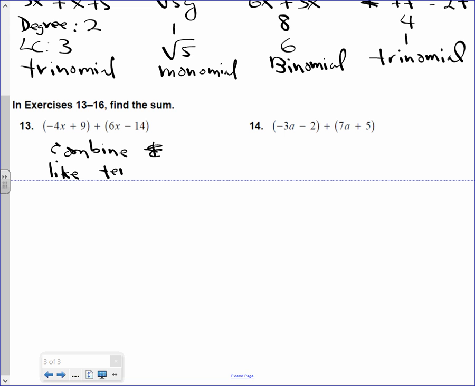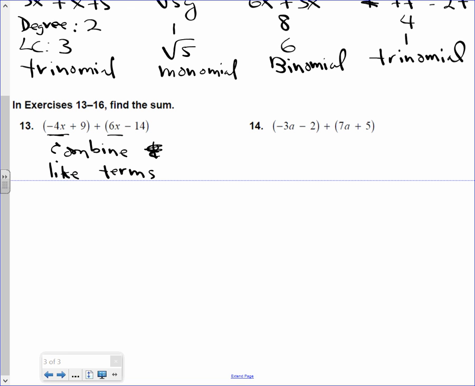Combine like terms. You know what a term is now? We defined terms about 15 minutes ago. A term is an expression with only multiplication going on, or a number by itself. We'll combine like terms. -4x plus 6x. Awesome.